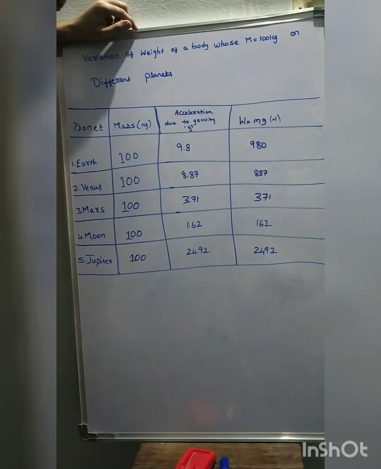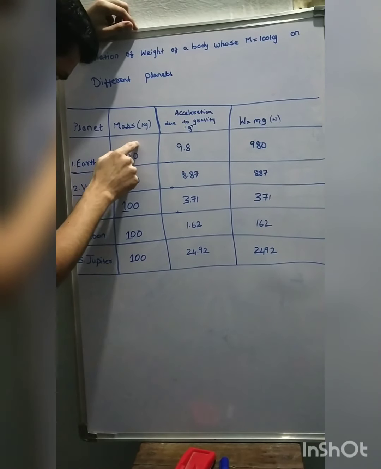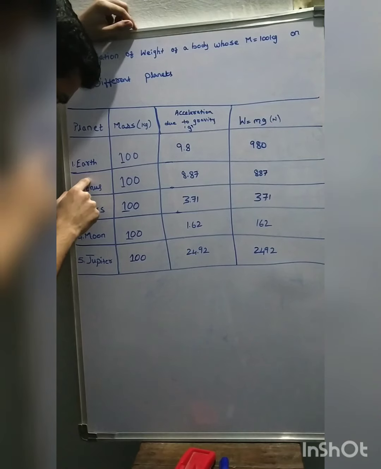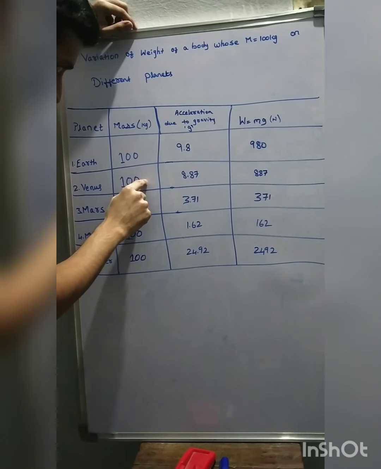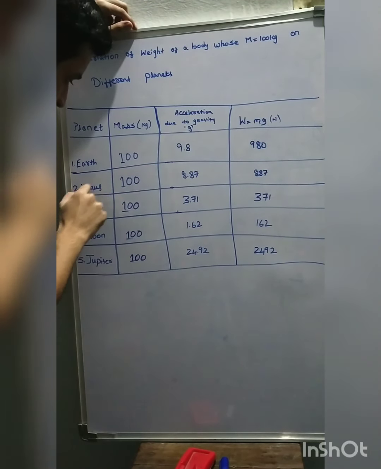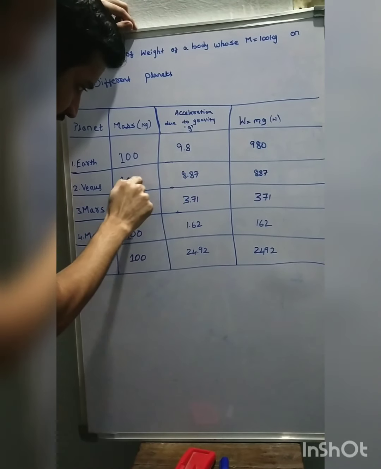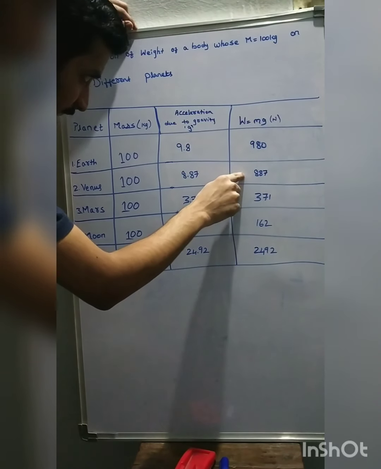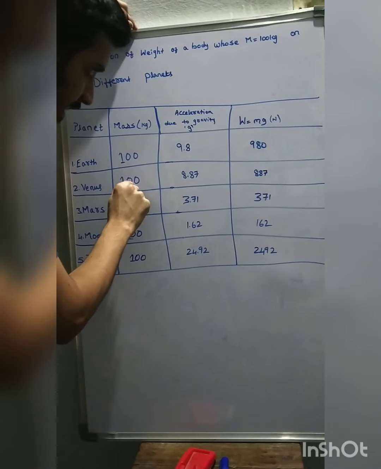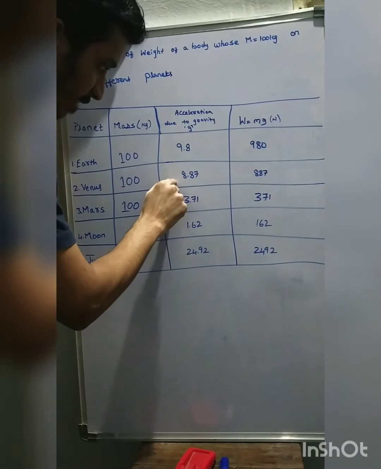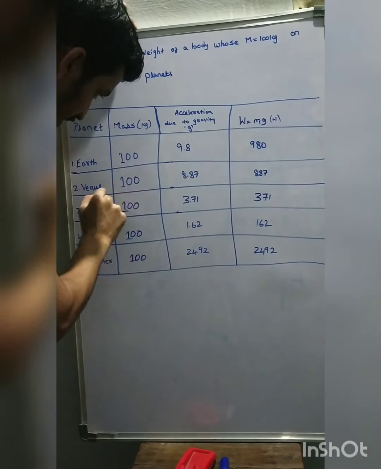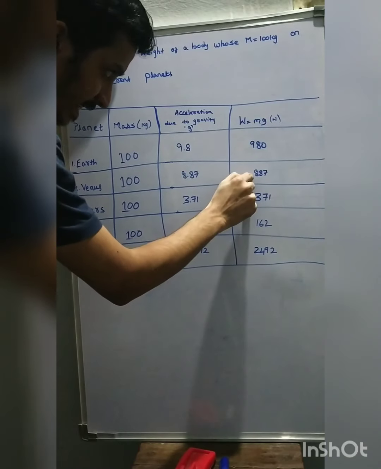that is 980 newtons. So the same mass on Venus is 100 kg and acceleration due to gravity of Venus is 8.87. If you calculate W equal to mg, substituting 100 in m and 8.87 in g, 100 into 8.87 is 887 newtons.